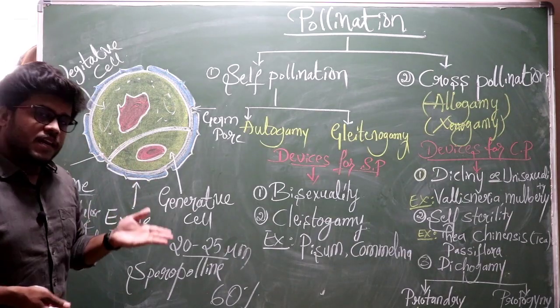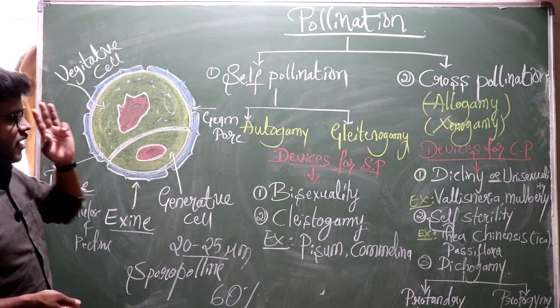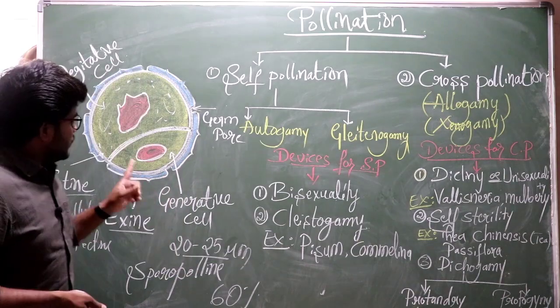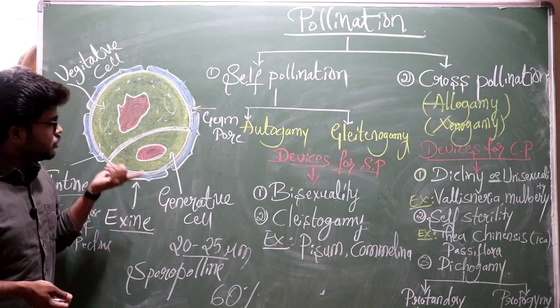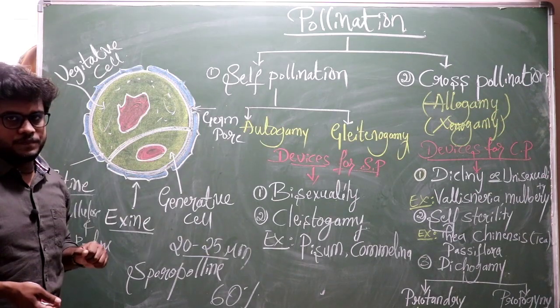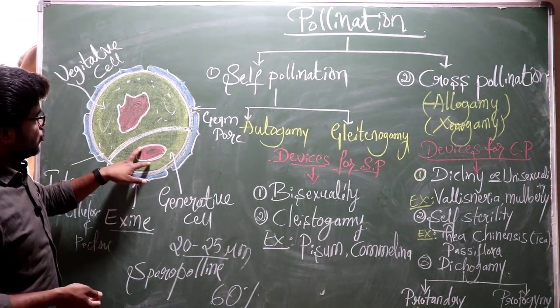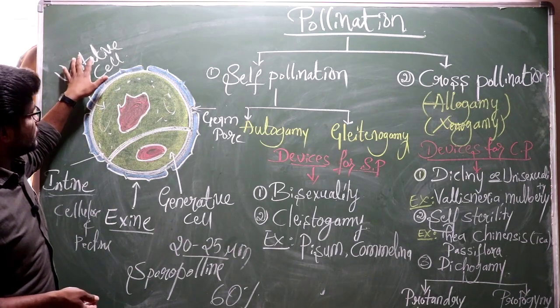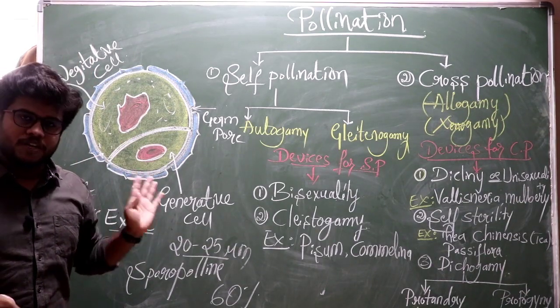But the remaining pollen grains shed at the three-celled stage. How? The generative cell undergoes mitotic division and forms two male gametes. So two male gametes and one vegetative cell together make the three-celled stage at which the pollen is shed.